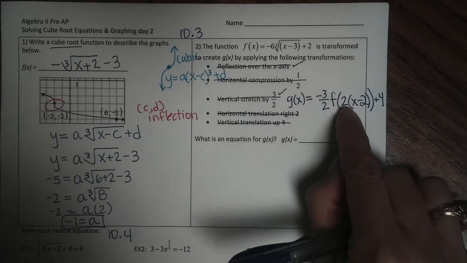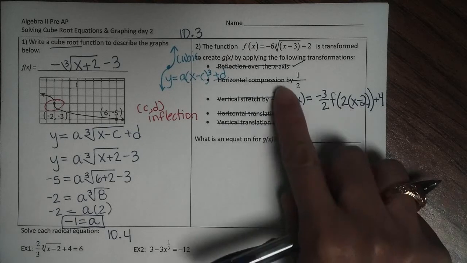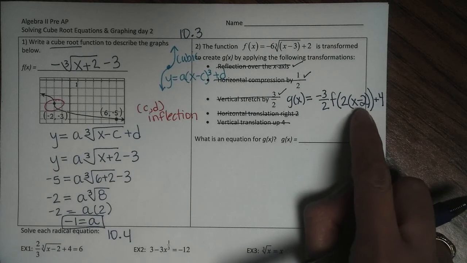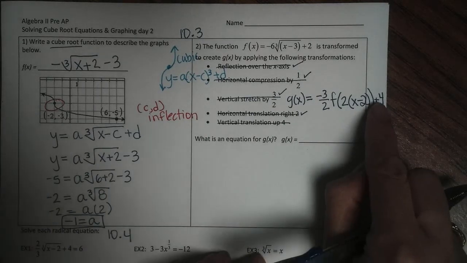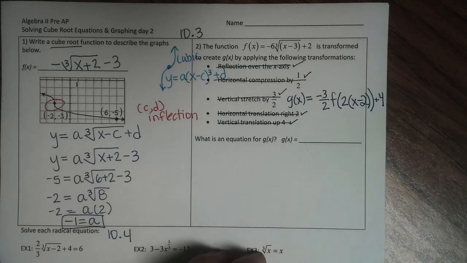Next, there's a 2 inside of the f of x function, so that's a horizontal transformation. Although it's a 2, you do the reciprocal, so horizontal compression by 1/2. That's correct. Moving on, the x minus 2 is a shift to the right 2, confirming that I did it right. Finally, the plus 4 is a vertical shift up 4. So that was the hard part.